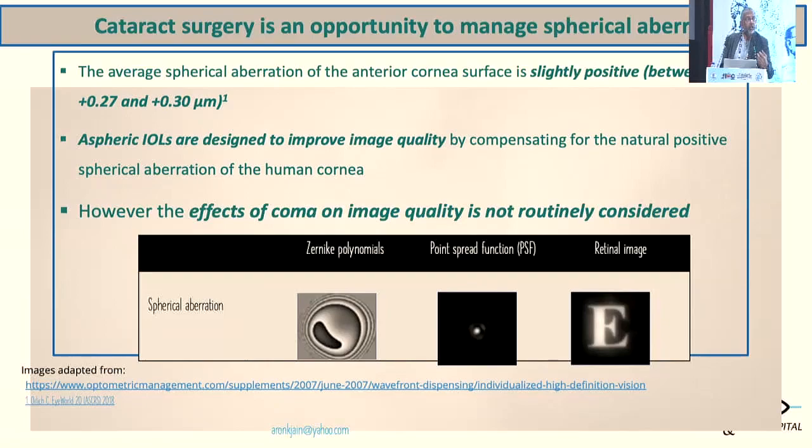But as we age, the internal optics of the lens also change, and cataract surgery gives us an opportunity to manage these aberrations. Corneal spherical aberration, as we all know, is to the tune of 0.2 to 0.3 plus micron. Aspherical IOLs are designed to improve the image quality. However, the effect of coma on image quality is not routinely addressed or considered.